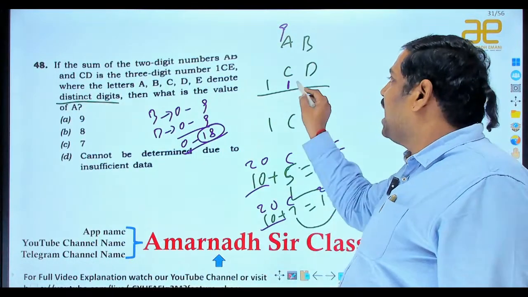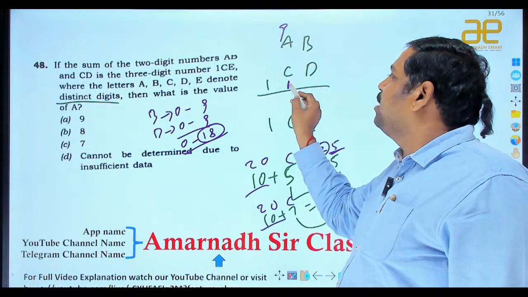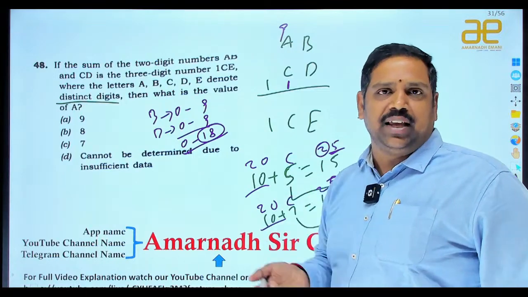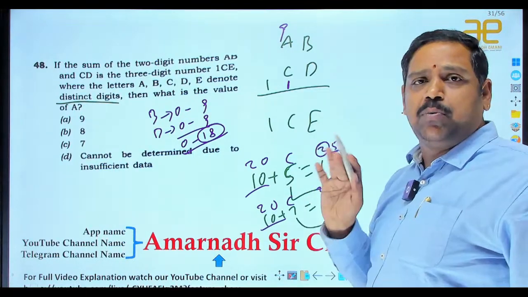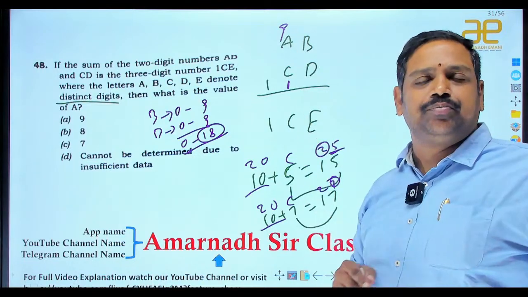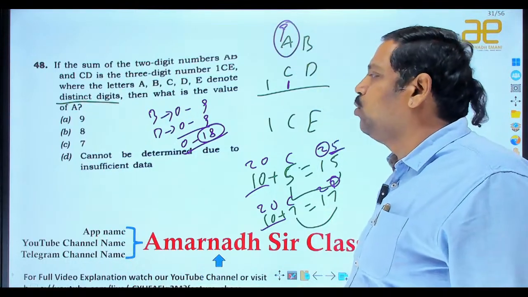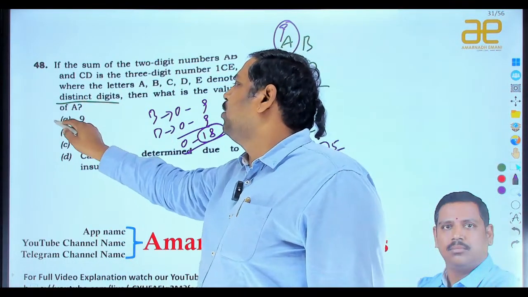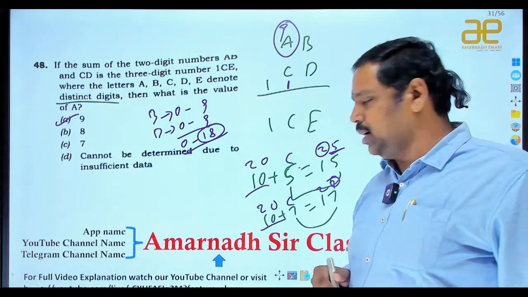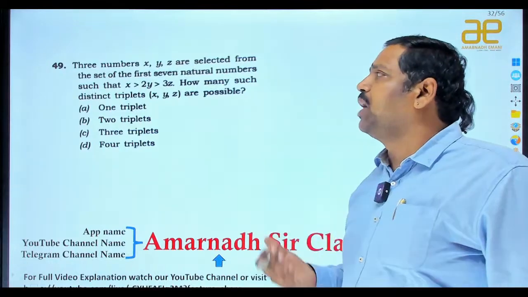So the carry that you will get is a maximum of 1. So A plus 1 should be either 10 or 20 or 30 or 40, whereas it doesn't have that much possibility. So A plus 1 should be 10. Then only it will happen. So the value of A is 9 only. He's asking the value of A, that is equal to 9. That is A is the answer. Hope you understand. Okay, this is one of a beautiful question, you can understand and you can use your brain.